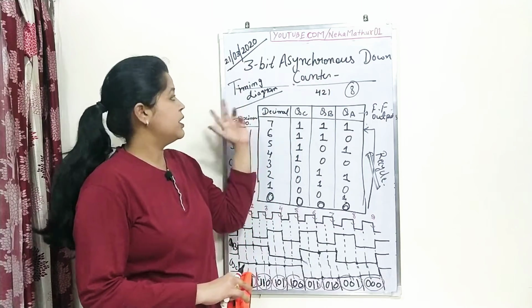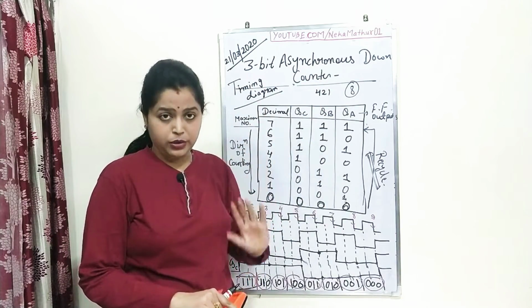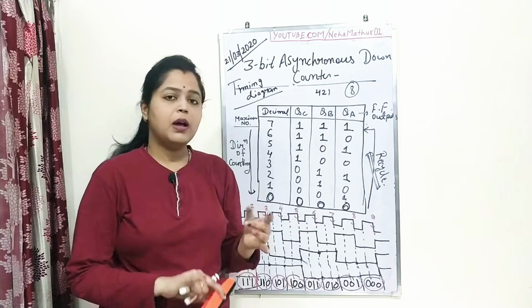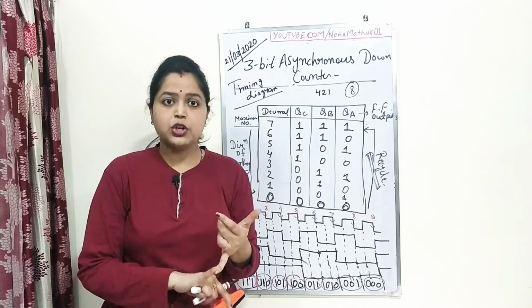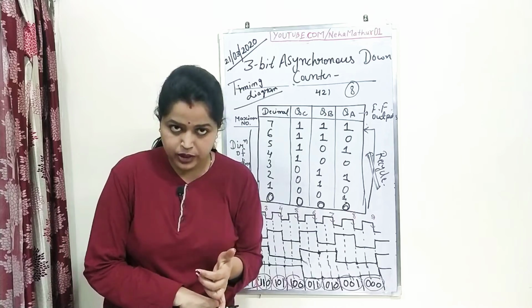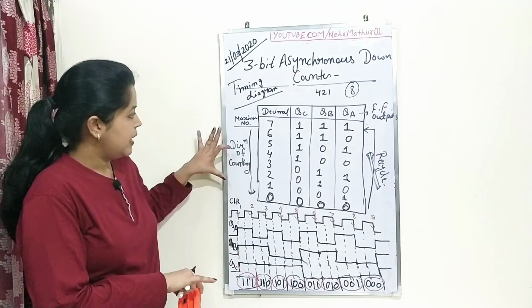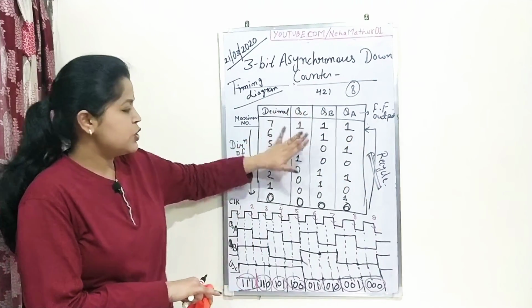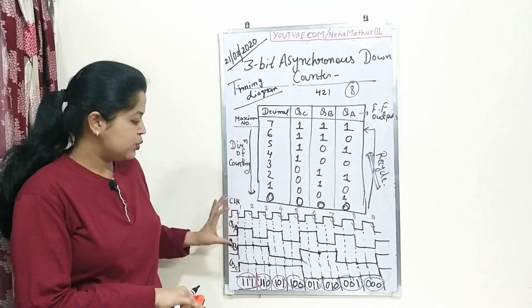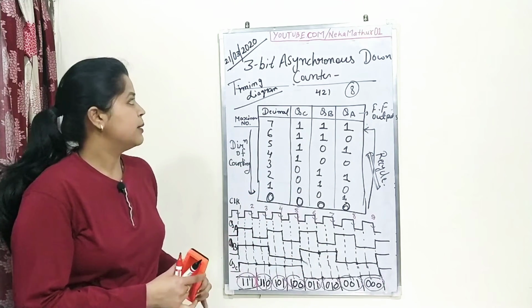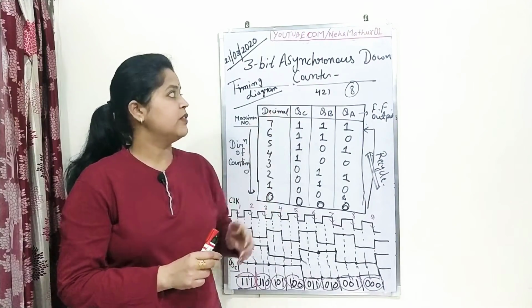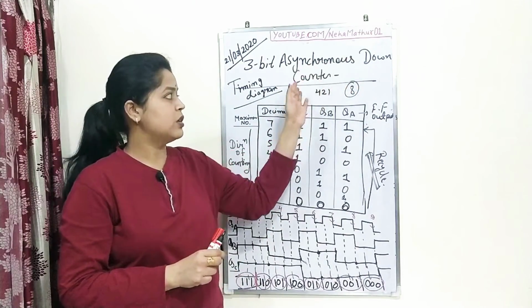For the design of a 3-bit counter you have 3 flip-flops. Once you are clear with this table, it will be easy to draw the timing diagram of the 3-bit counter. So I hope you are clear with the concept of the asynchronous down counter.